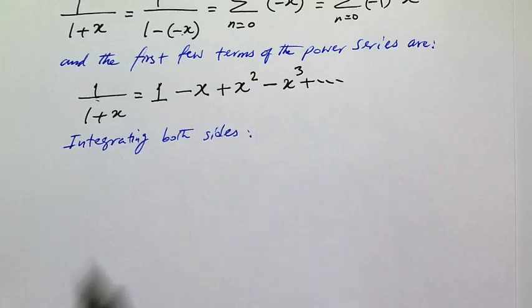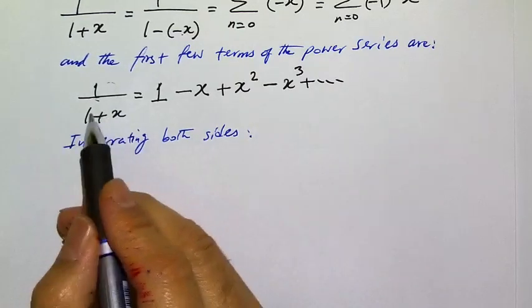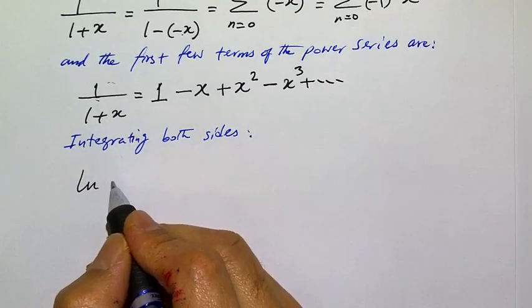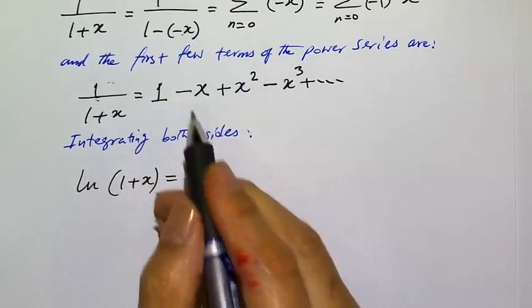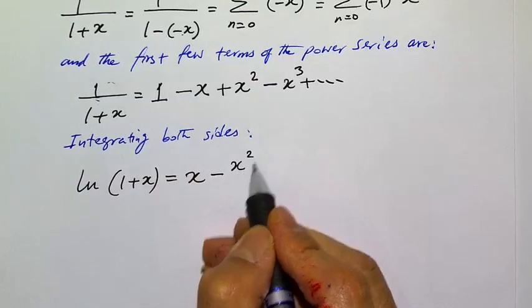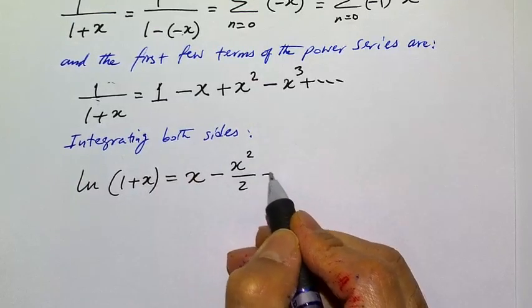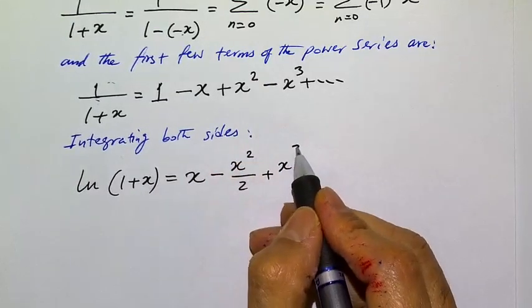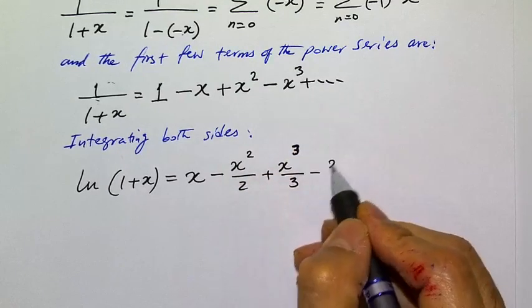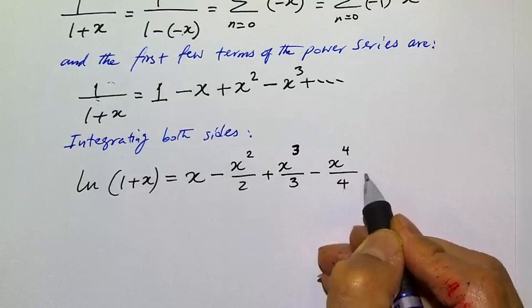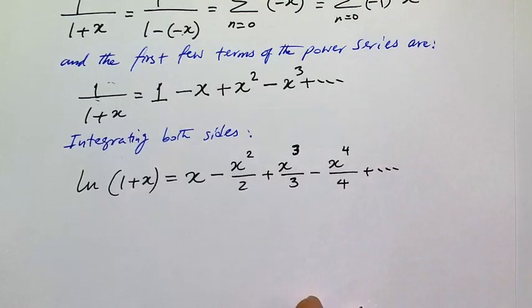So what do we have? We have, of course, this we know is natural log of 1 plus x. Integrating that, we get x. Integrating that, we get minus x squared over 2. Integrating that, we get x cubed over 3, minus x to the 4th over 4, plus on and on.